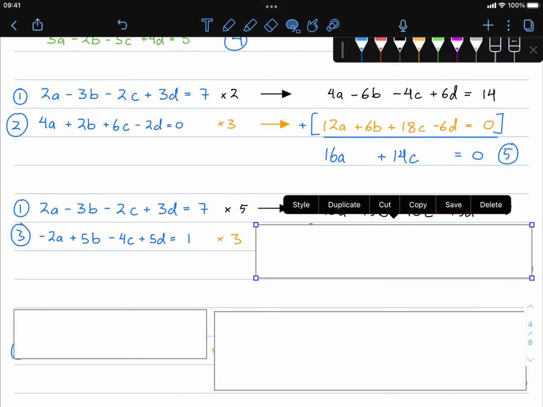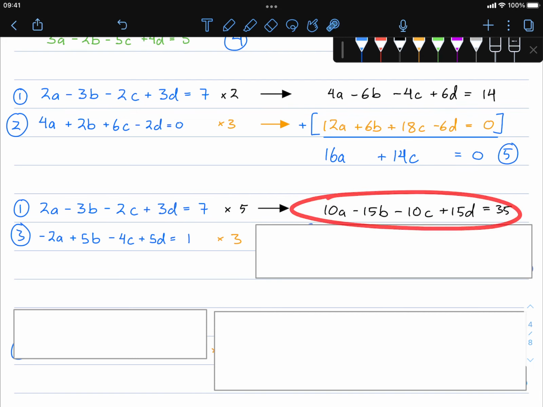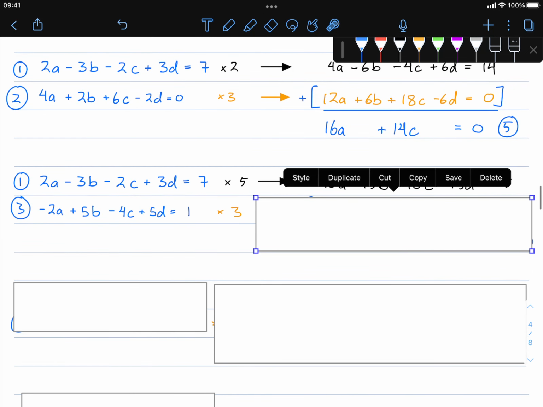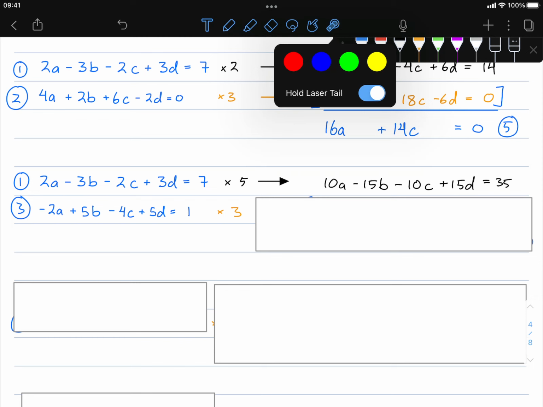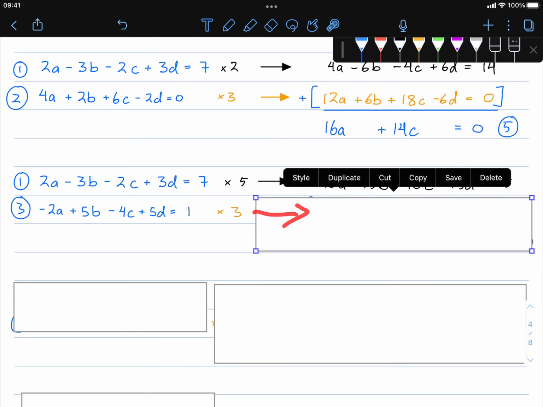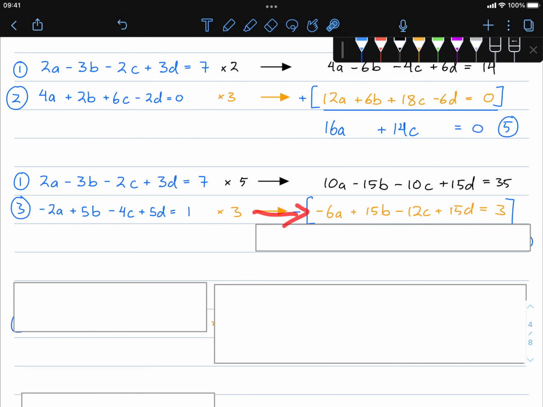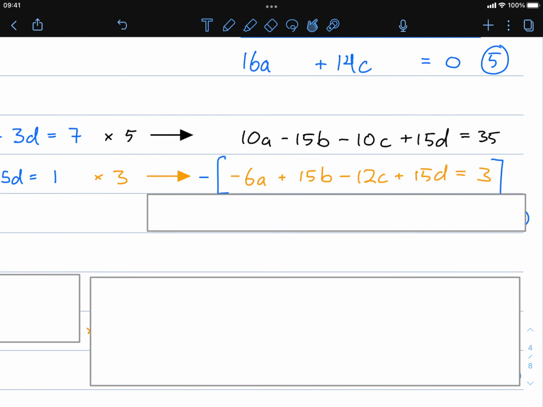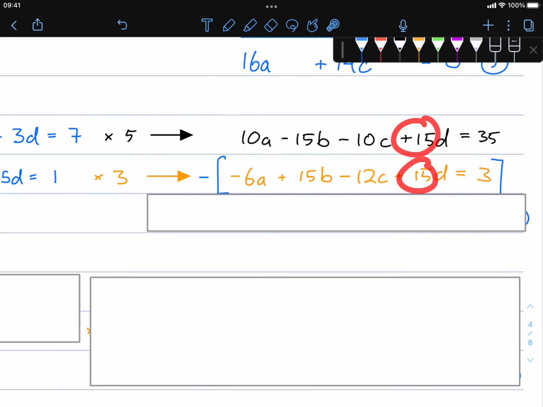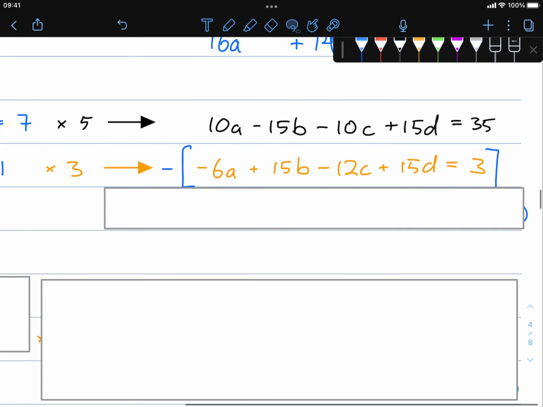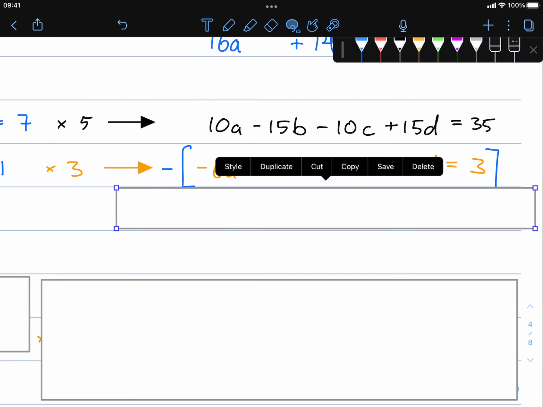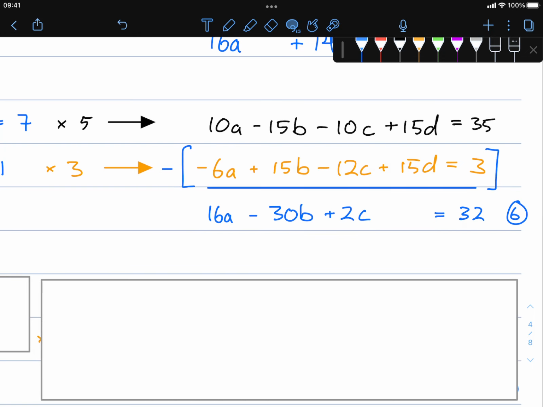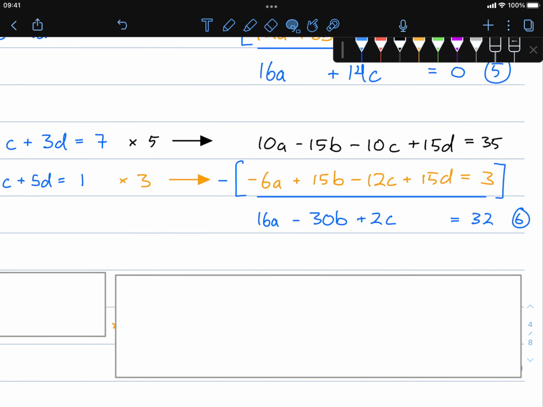You should have gotten this line. I'll give you a moment to catch up on that multiplication here. To eliminate them, we need to do a subtraction. 15 take away 15 eliminates it, and it becomes 16a minus 30b plus 2c equals 32.